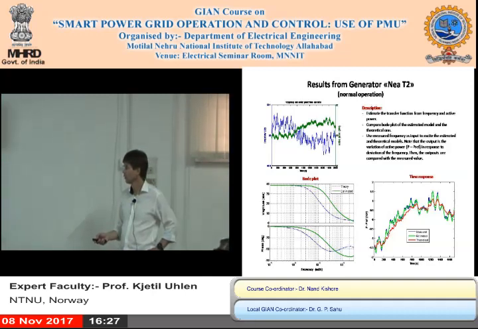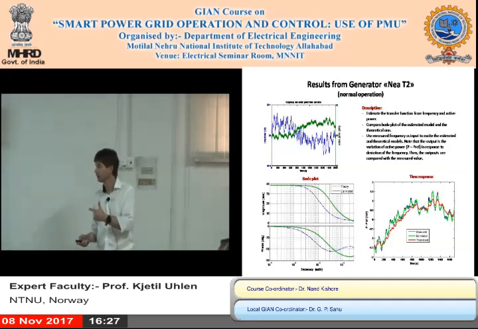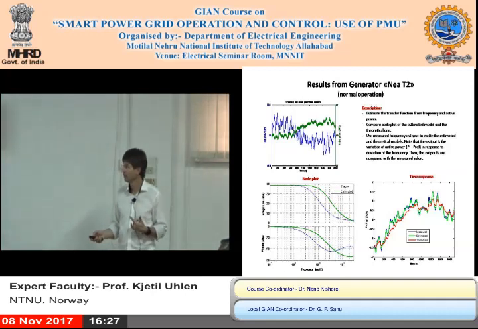And how good is that? To verify it, one could do several things. What we did is to put the frequency measurements as input to a model that was validated through this green curve, and compare that with the measured ones.